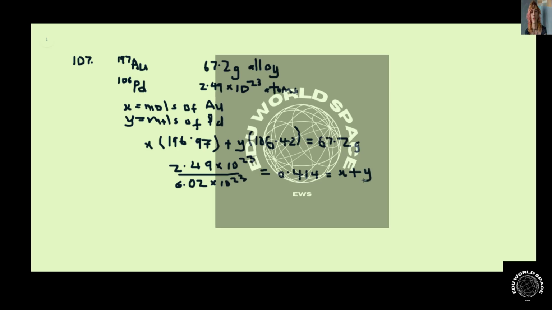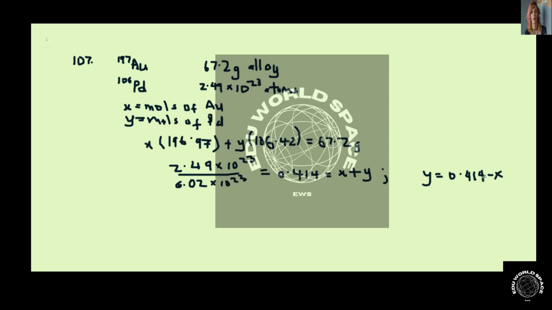So it's x plus y. So essentially, we can say that y, which is the number of moles of palladium, is 0.414 minus x, right? So that's just writing this expression in terms of x. So y equals 0.414 minus x.